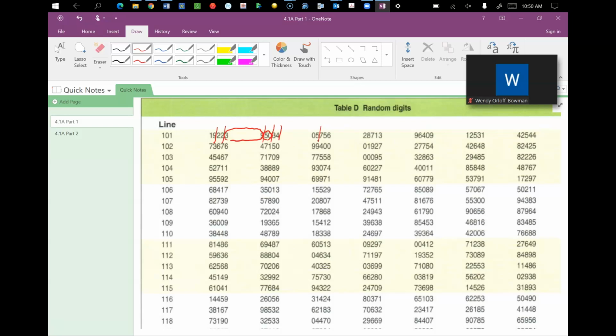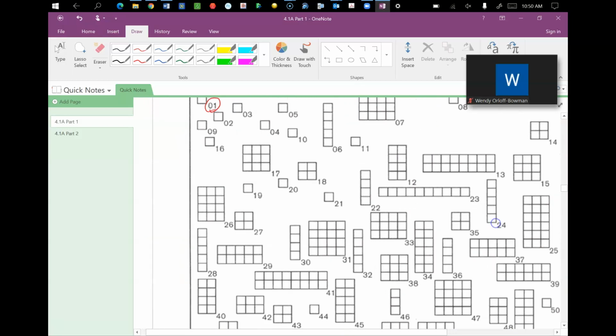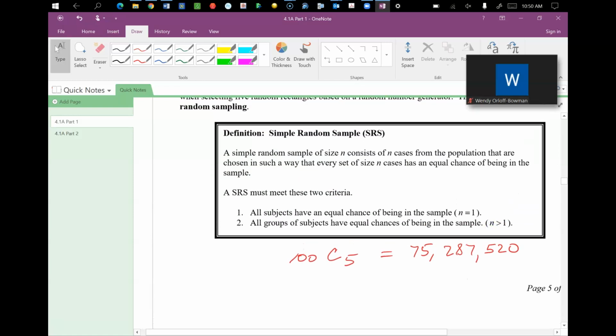It's a relatively easy thing to do, but one of the things you have to ask yourself when you're using a random digit table is, are we meeting particularly that first criteria that all subjects have an equal chance of being selected?